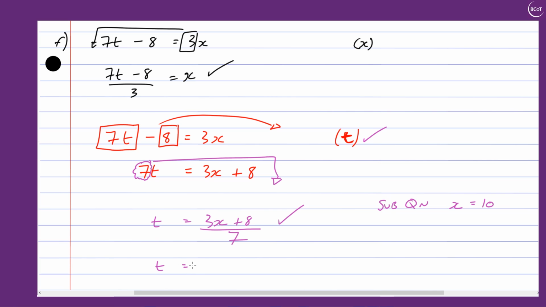So you'd end up with t equals 3 times x, which would be 3 times 10 in a substitution version of this question, plus 8 from there, all over 7. And that would be 30 plus 8 is 38 over 7.